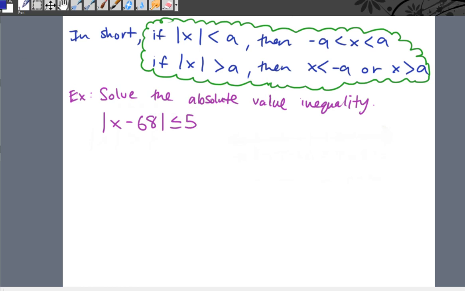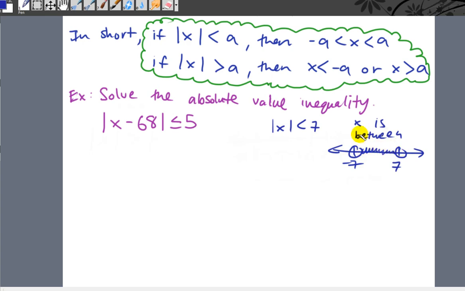Recall what I showed you earlier. Let's say I gave you the absolute value of x is less than 7. If you look at the picture that we went over in class, this means x is between negative 7 and 7. Since we don't have a line underneath, this is represented by an open circle.